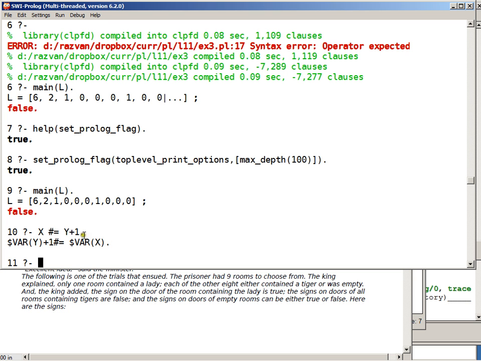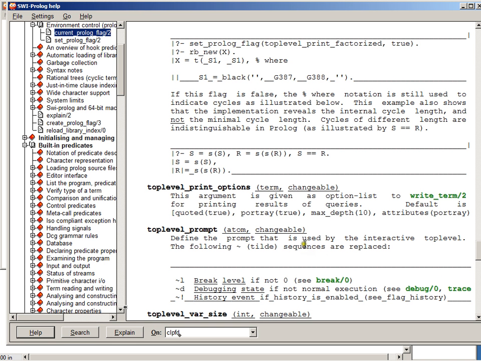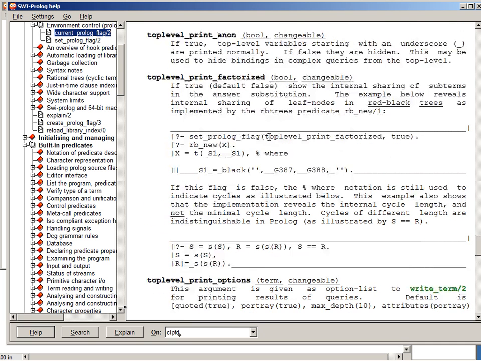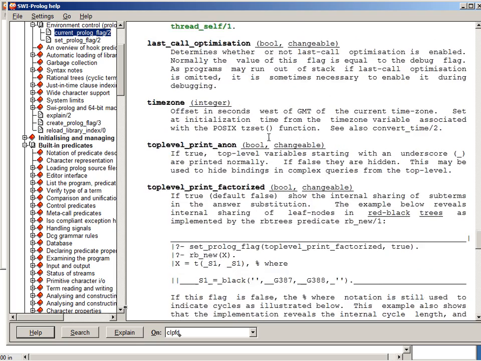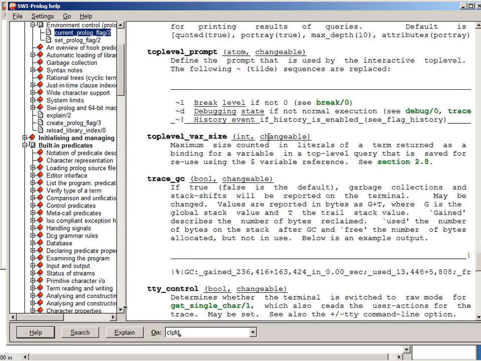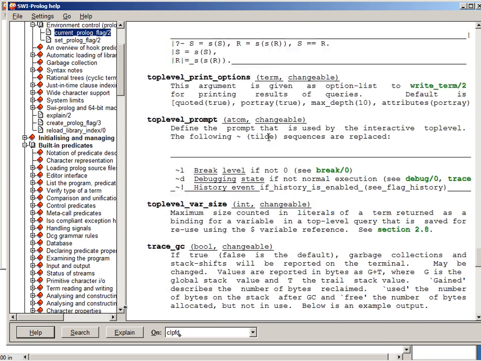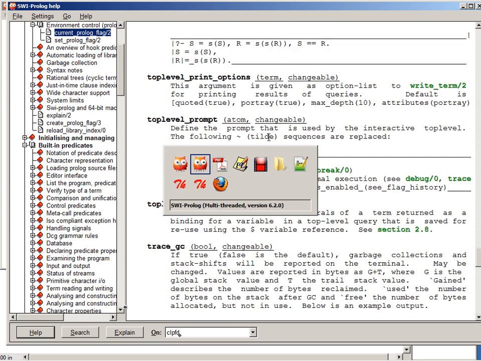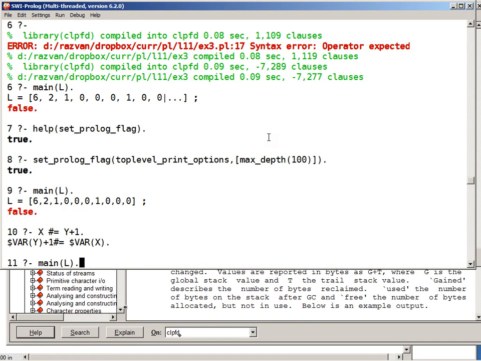It should print nicely y plus 1 equals x, but maybe I put in a top level print. Maybe the portray or quoted flag might be set to false. Yeah, I think I need to set all of them. So let's do this again and say quoted.